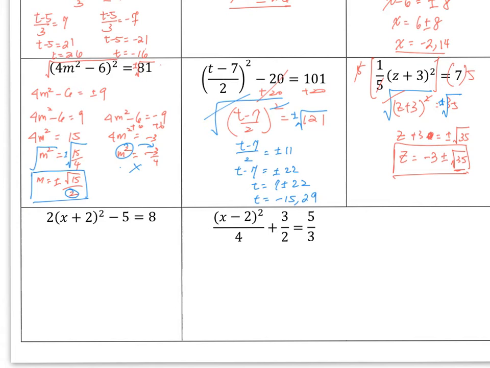Okay, let's look at this part. We need to isolate this part of the quadratic function. So I'm going to add 5 to both sides. Then I'm going to divide by 2.